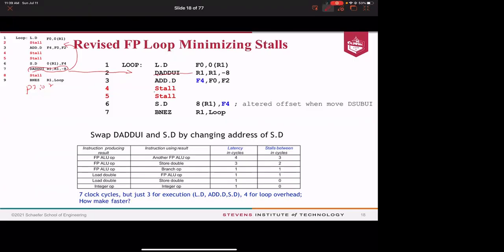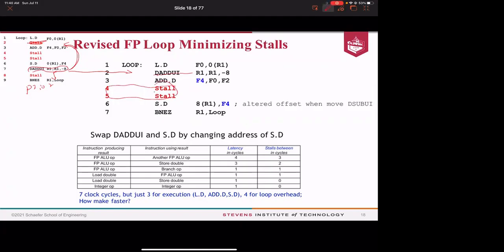After we move the subtraction of R1 from the 7th cycle to the 2nd cycle, we see a lot of benefits. The stall here is filled by this instruction, and the stall between the subtraction and the BNEZ branch-not-equal instruction is also gone. So we saved 2 cycles. Right now we only have 2 stalls in the middle.